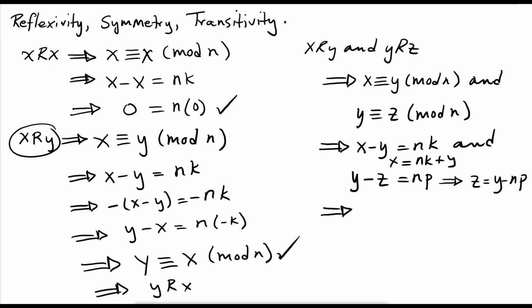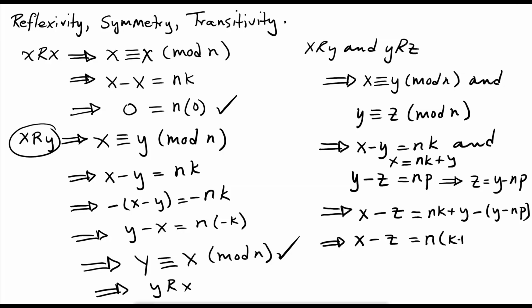Doing a little bit of substitution here, I'm trying to see what the relationship between x and z is. Well, if I solve this for z, I know that z is equal to y minus np. And if I solve the first one for x, I know that x is equal to nk plus y. So x minus z is equal to nk plus y minus y plus np. My y's are going to cancel, and I end up with n times k plus p.